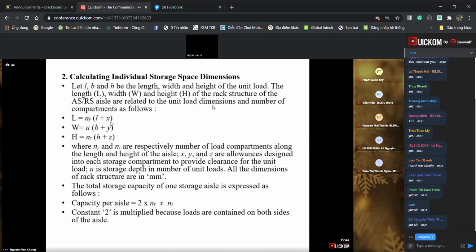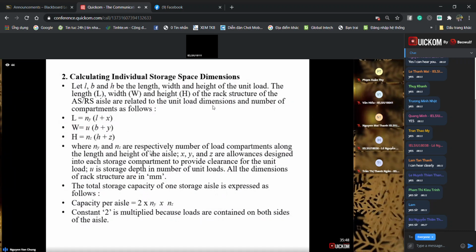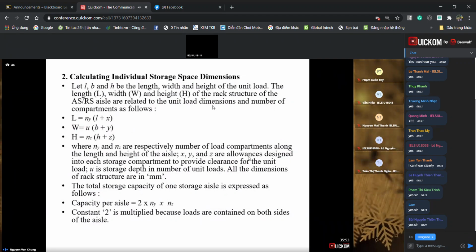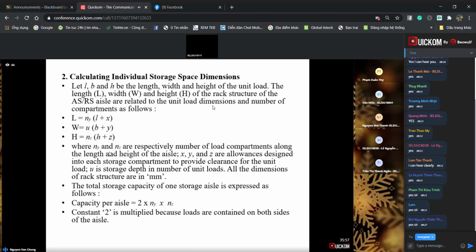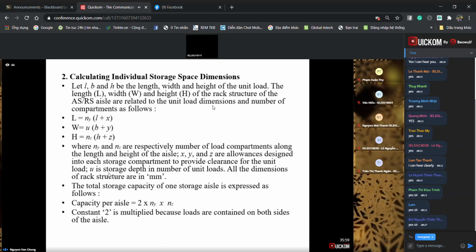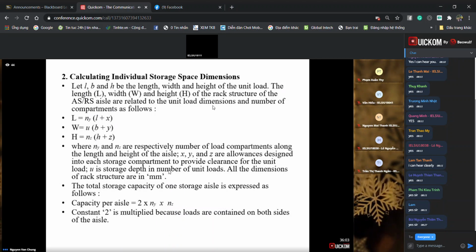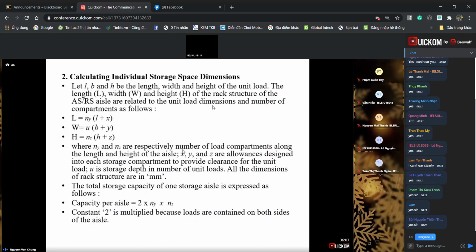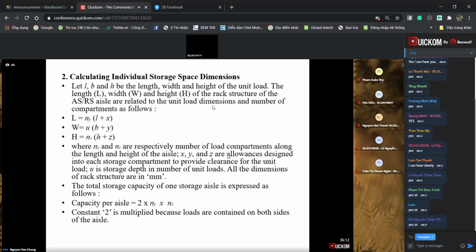Okay, so these parameters here are S, Y, Z. This is the store depth in number of unit loads, and then Y and Z are the number of compartments, all of that along the length.